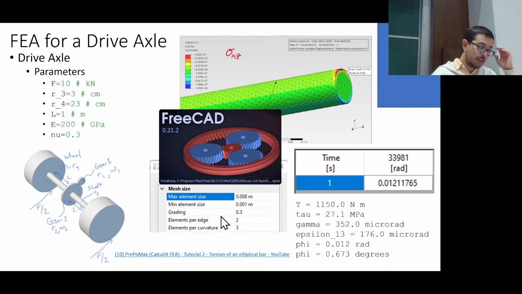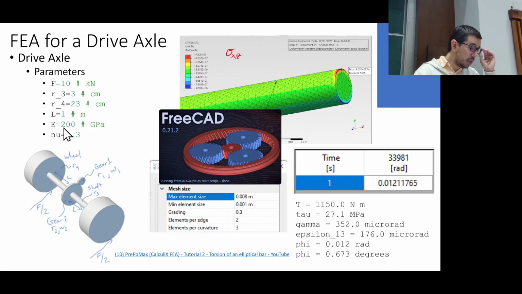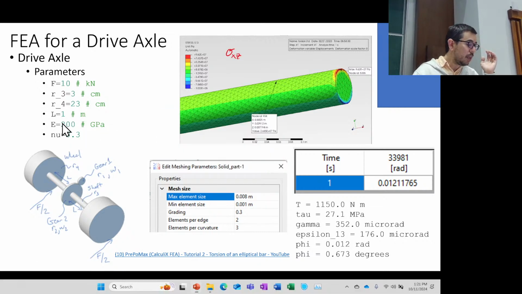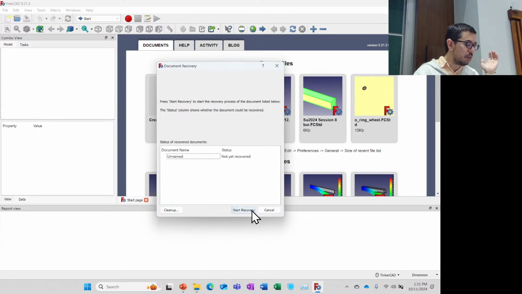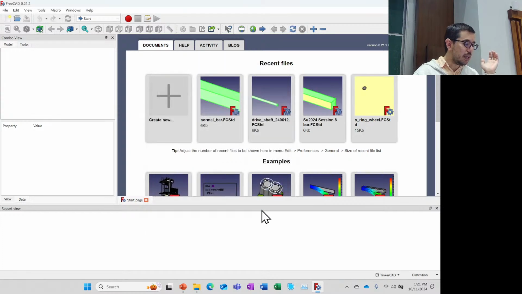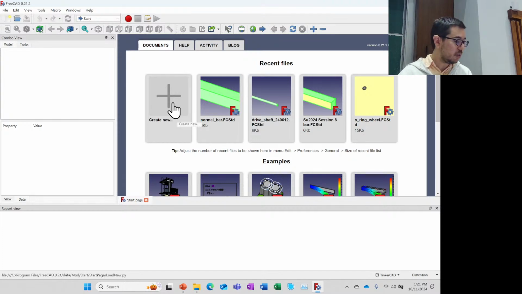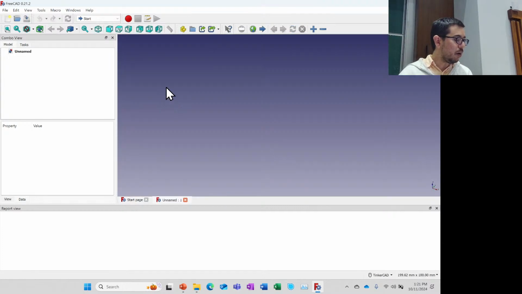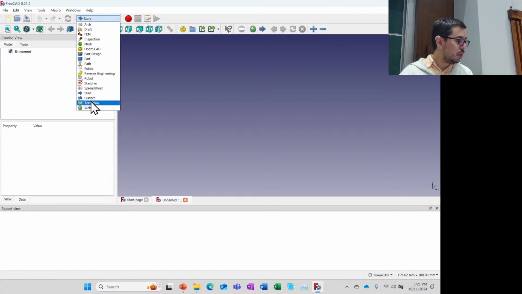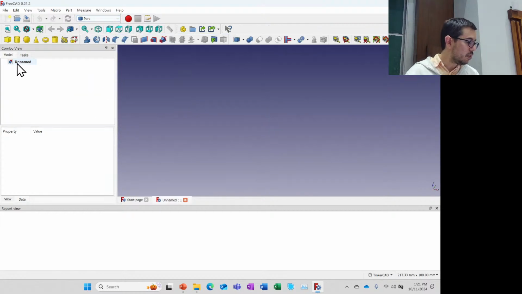And we're going to make a shaft. The shaft has length 1 meter, has the elastic modulus of steel, 200, and a Poisson ratio of 0.3, and it has a radius of 3 centimeters. So we're going to create a new part. We're going to use the Part workbench.